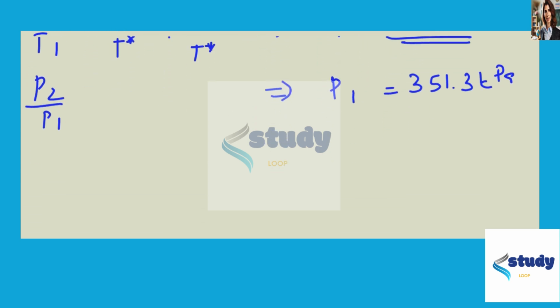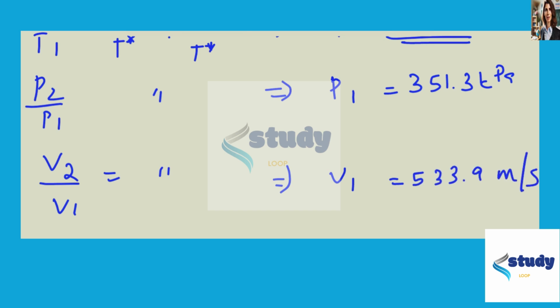Now the next one, for the velocity, we have V2 upon V1, similar to this, and from here we get V1 equal to 533.9 meter per second. So consisting of all these values, we get the requisite inlet temperature, pressure and velocity. I hope you understand.